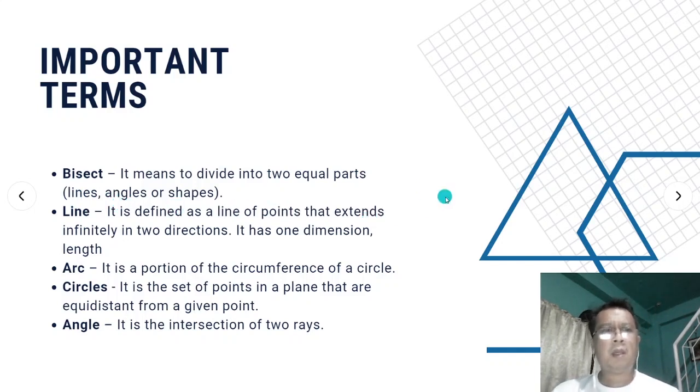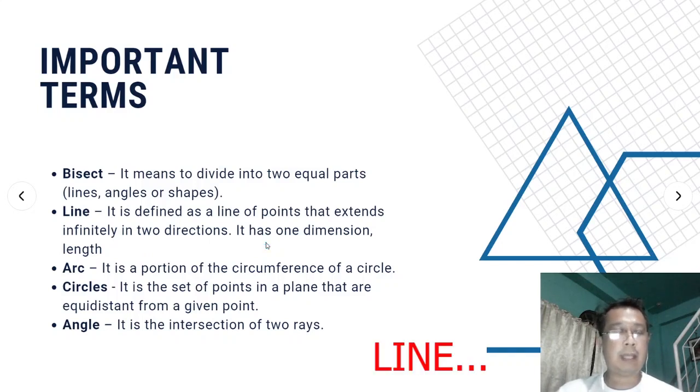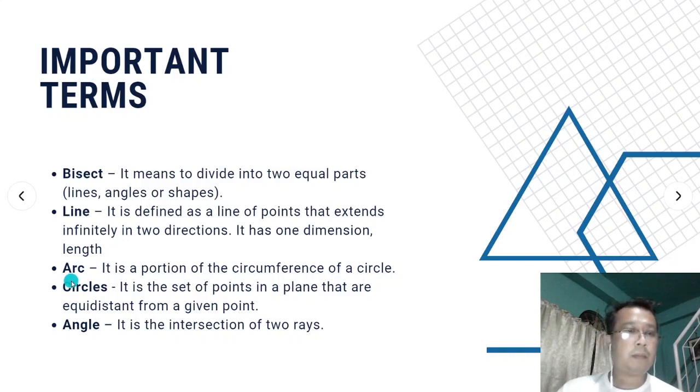drawing. And also, going back, line is defined as a point that extend indefinitely in two directions. It has no dimension, or tinatawag nating length. And also, we're going to discuss in this topic is about the arc, which is a portion of a circumference of a circle.